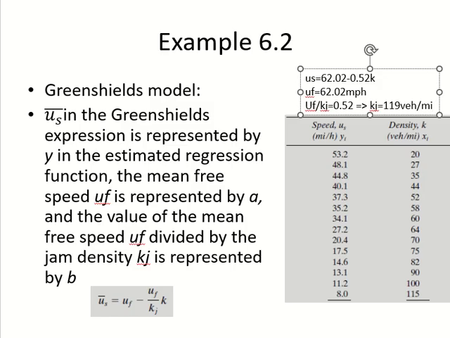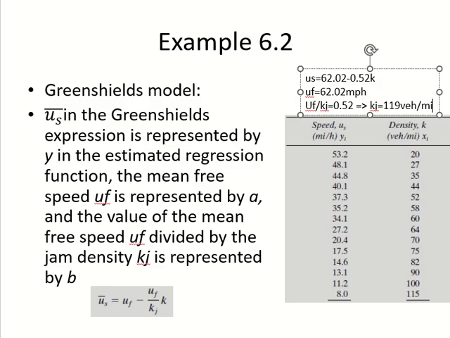Any questions? Any problem? Clear? You get the data, write the equation, check the equation. If the equation is good enough, you can find out your parameters. And then you can use this equation to find other values. For example, do I know from the data the value of speed when density is 55?